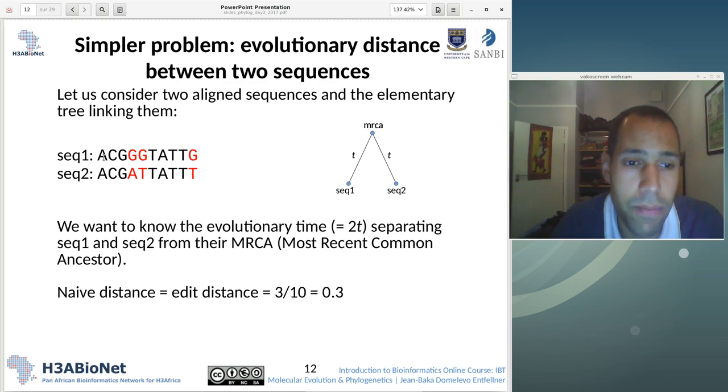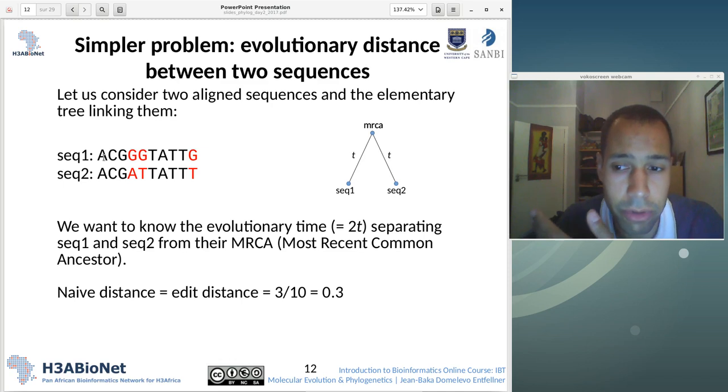So the first thing to pay attention to: it makes absolutely no sense to try and create a phylogeny from sequences that are not related, that are not homologous. If they do not come from the same ancestor sequence, then it's hopeless to try and use them to build a phylogeny.